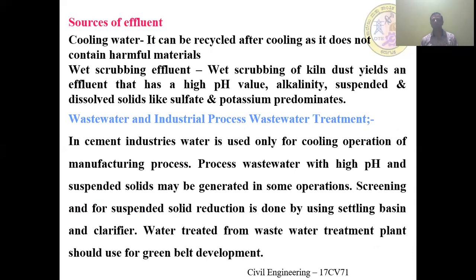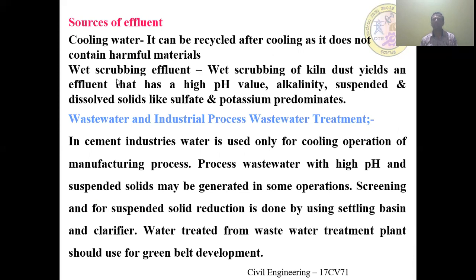Then we'll discuss where the sources of wastewater come from. Here you cool the cementitious material. For cooling, air is the main source, so air has to be cooled by circulating cooling water. The cooling water can be recycled after cooling and does not contain any harmful materials.